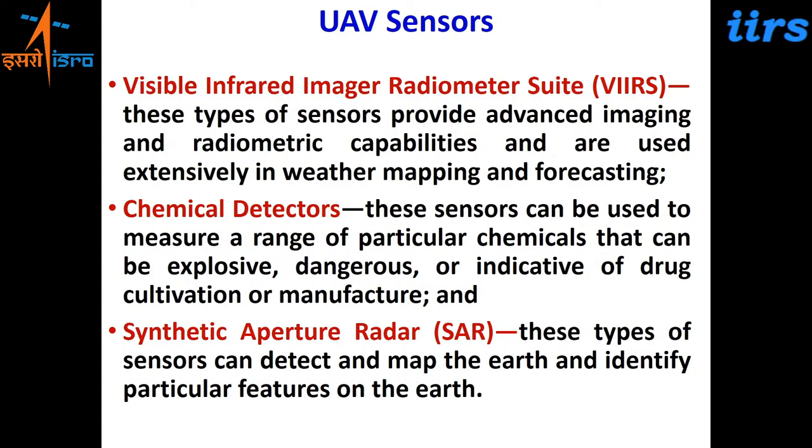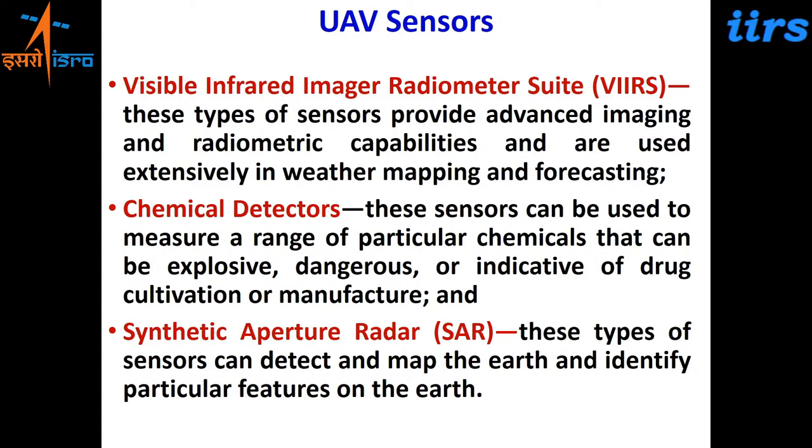Then you can have multispectral cameras, chemical detectors, pollution sensors, and SAR sensors. But SAR is on the higher side. SAR sensors are there for UAVs, but the weight of the SAR sensors is a few kilograms, and for that you require large, big UAVs. Still, work is going on to make them lightweight.